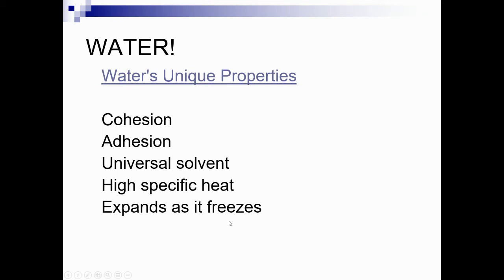That's hugely important. A lot of people instantly think, oh, that has to do with sea level rise. And no, because it would. But the really important part is life would cease to exist if water froze and became solid.